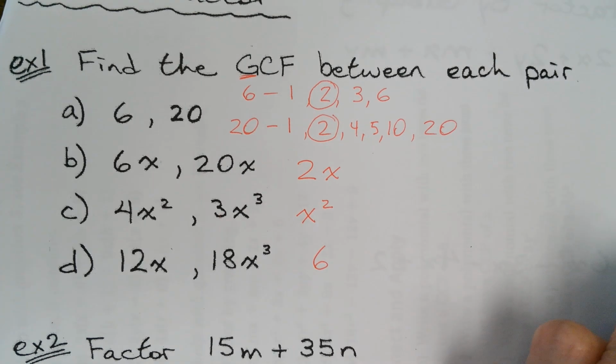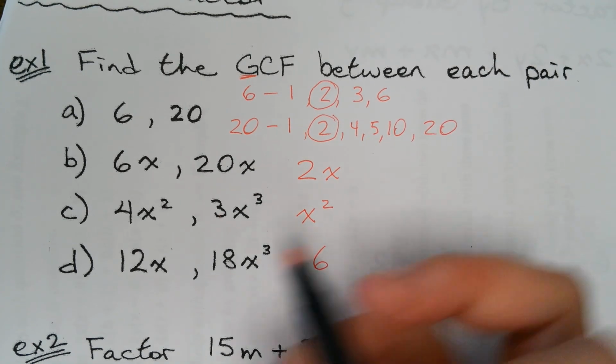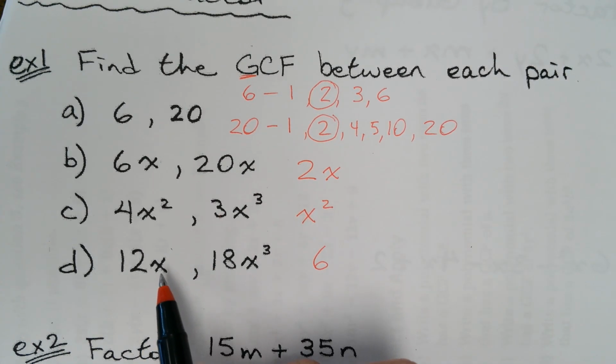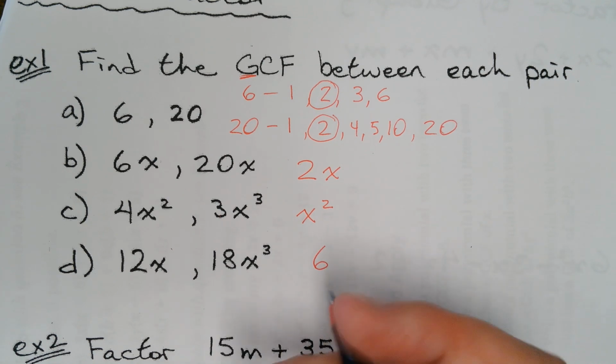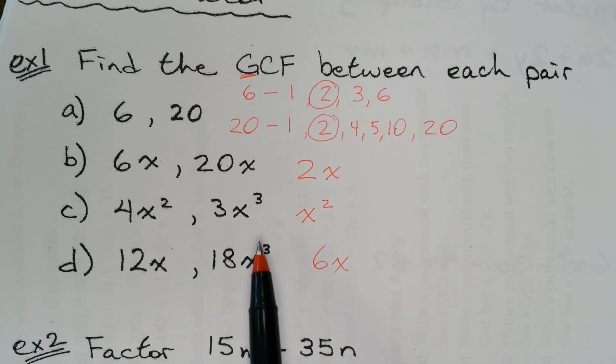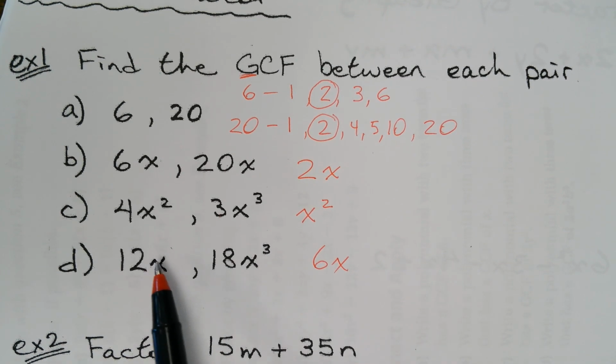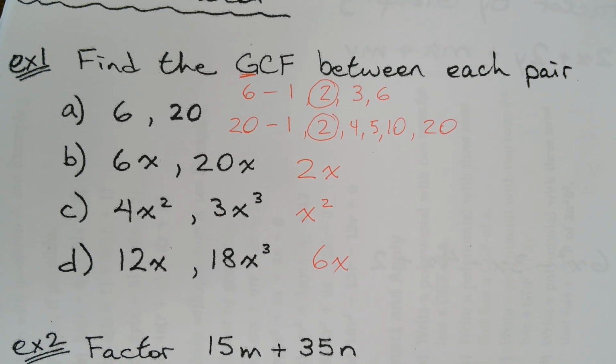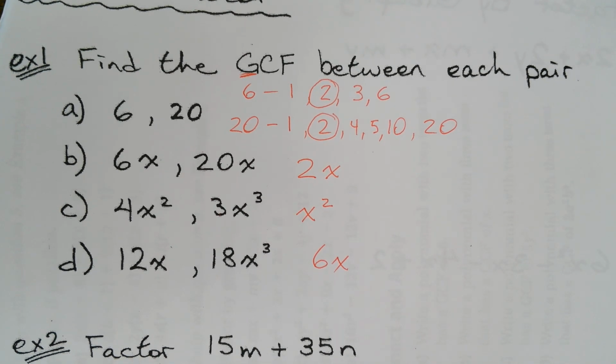And how many x? 6x squared? Does this have an x squared? This only has 1, so it's just a 6x. You cannot take a 6x squared out because this only has 1. You can't take 2 more from it if it doesn't have them.